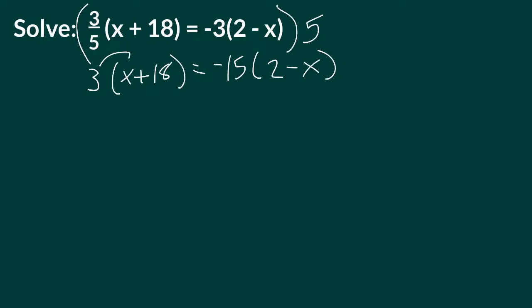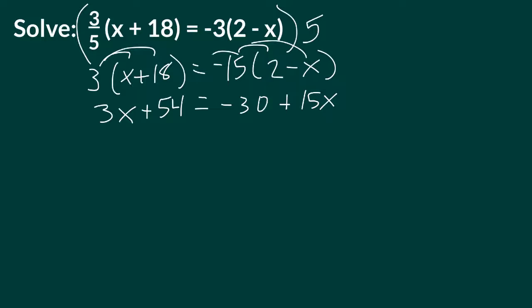Then we would distribute. That gives us 3x plus 30 plus 24 is 54 is equal to -30 and positive 15x, because we're doing the -15 times the positive 2 and a -15 times the negative x, which is why we end up with a positive 15 here and a -30 here.